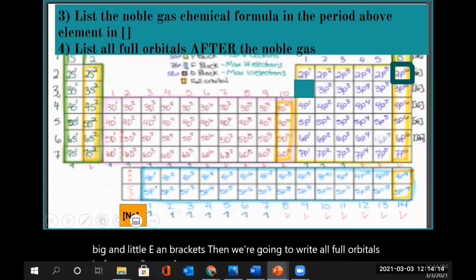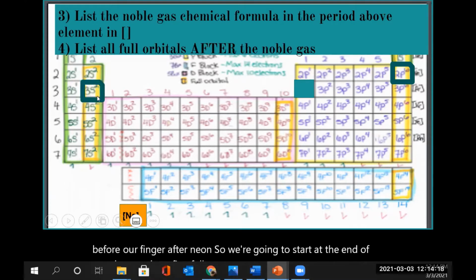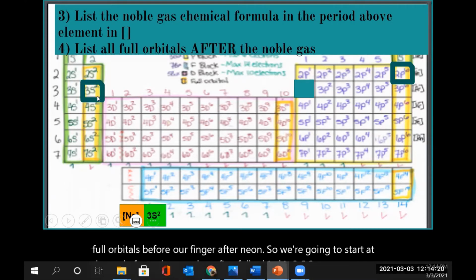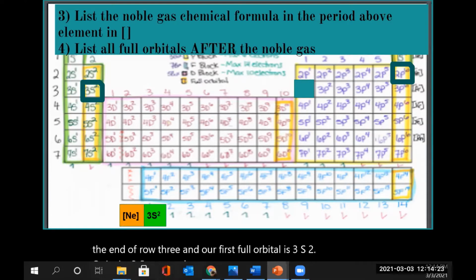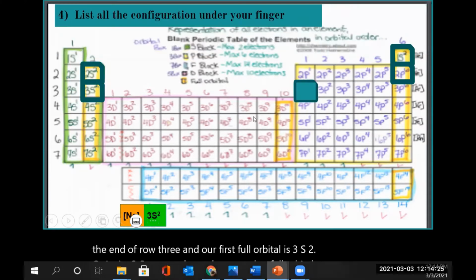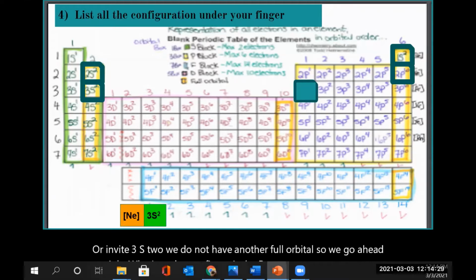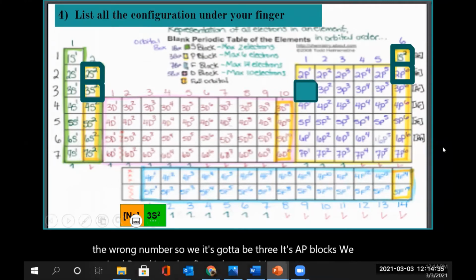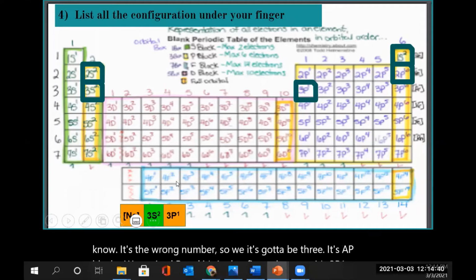We start at the beginning of row 3, and our first full orbital is 3s2. We do not have another full orbital, so we write what's under our finger. It's the p block, and the row number is 3, so it's 3p, and it's in that first column, so it's 3p1. Our noble gas configuration is neon 3s2 3p1.